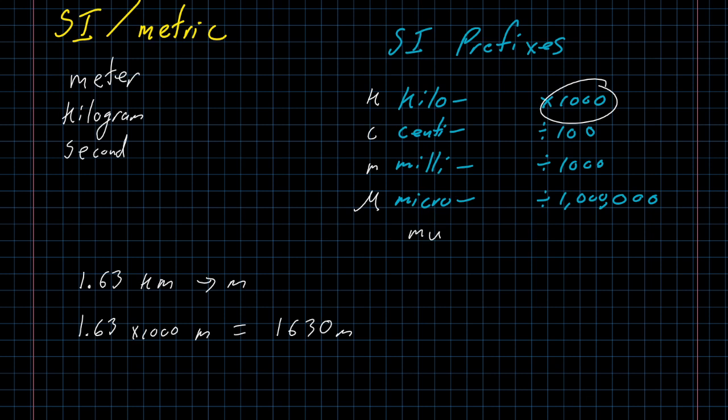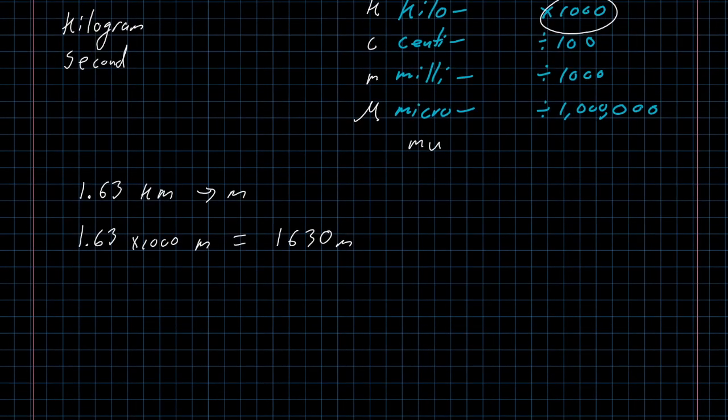Going in the other direction can be a little bit tricky. All right, so if I have, say, 0.075 meters, and I want to write that in centimeters, well, I know that centimeter means divided by 100 meters.